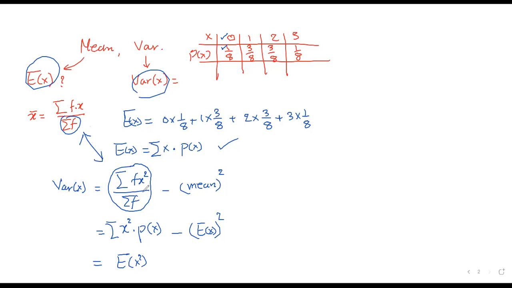The variance is the mean of x squared minus the mean squared. So this is the variance, and this is how we can calculate it, and we can apply those two rules, the mean and the variance, to this table. So we can find both of them.